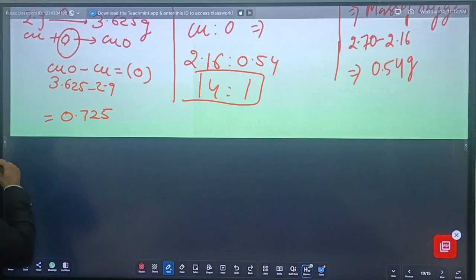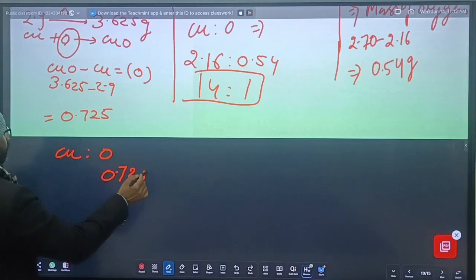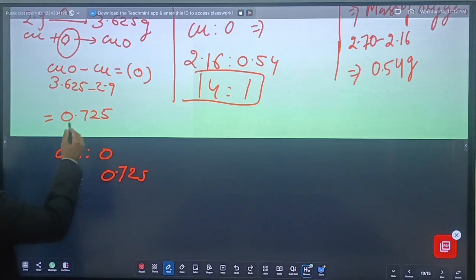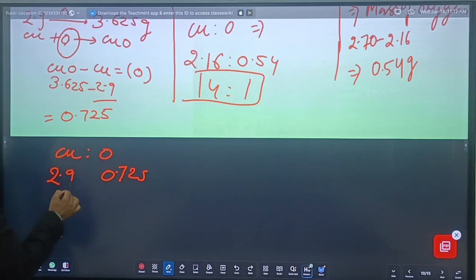It comes out 0.725. So what is the mass ratio? Copper to oxygen mass ratio. This is the mass of oxygen 0.725 and mass of the copper is 2.9, and it comes out 1:4.